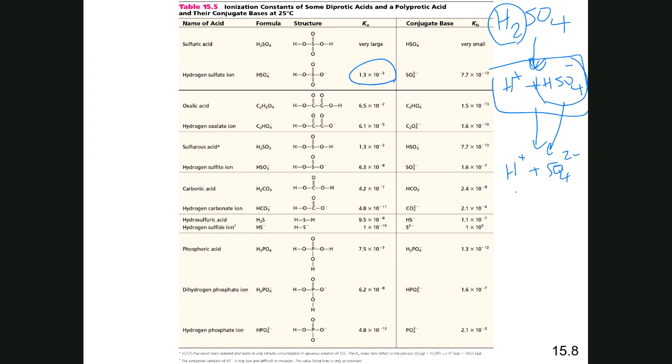Like oxalic acid, you have 2 H's. This is an acidic hydrogen, that's another acidic hydrogen. If it loses one of the hydrogens, the Ka is higher than losing the second one. So diprotic acids lose hydrogen 1 at a time, and the first one is lost faster than the second one. Basically, when you say a strong acid, that means it can lose hydrogen easily.